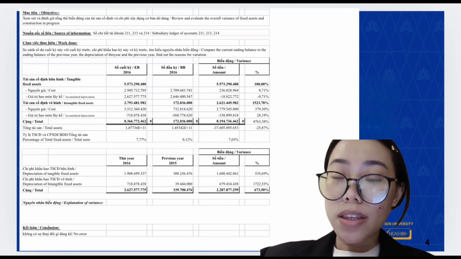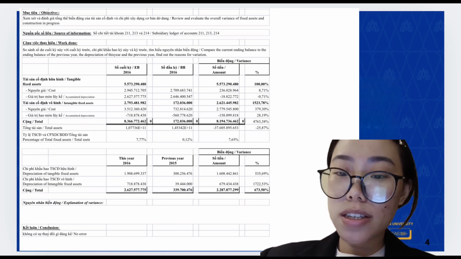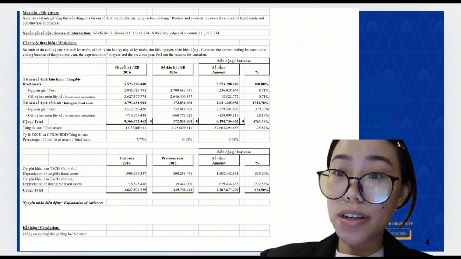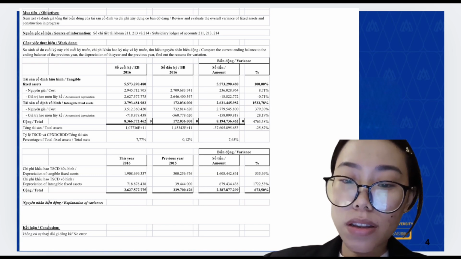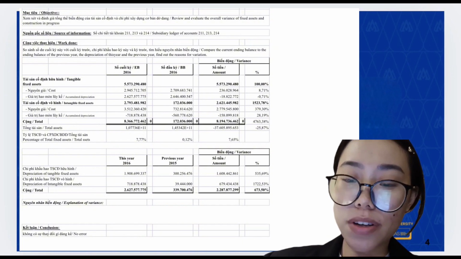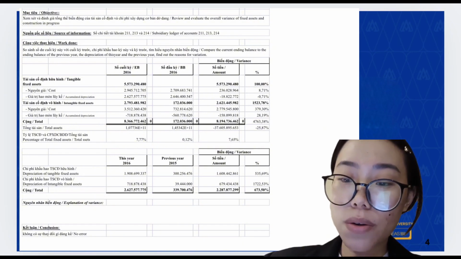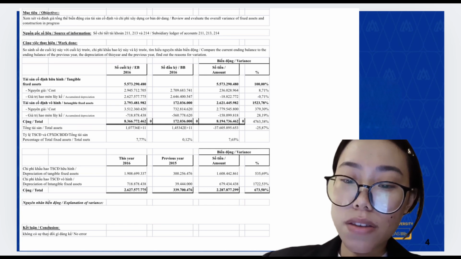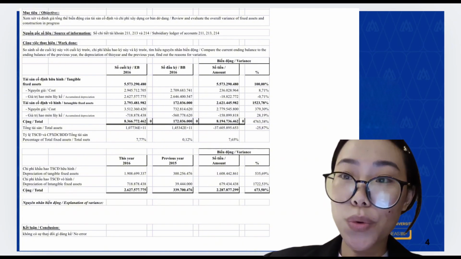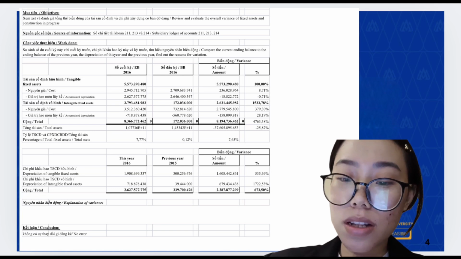Two, scope of work: examine 100% of fixed asset increases and decreases during the year, compare client record cost with audit record cost, and identify specific reasons for any discrepancies. Three, data used: fixed asset transactions, increases or decreases.